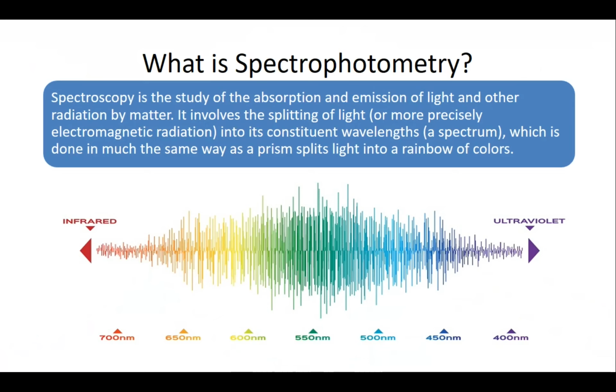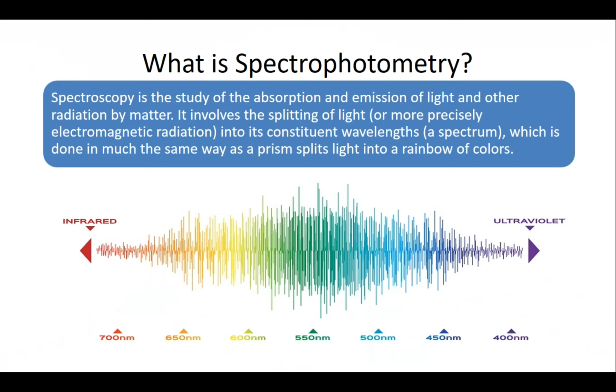What is spectrophotometry? Spectrophotometry is a method to measure how much a chemical substance absorbs light by measuring the intensity of the light as a beam of light passes through the sample solution. The basic principle is that each compound absorbs or transmits light over a certain range of wavelength.